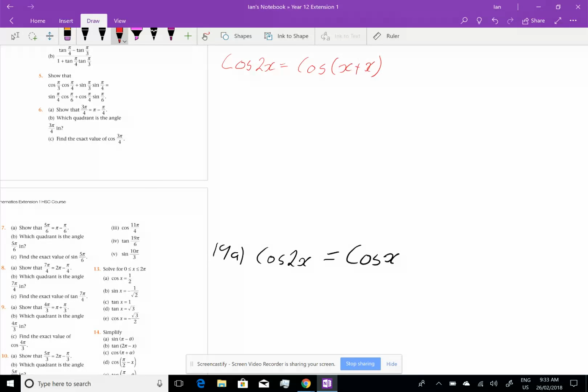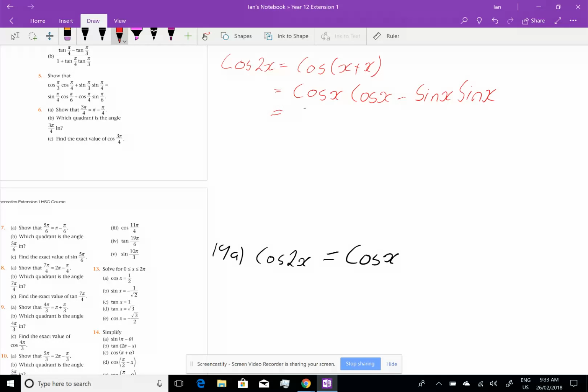You have this formula on your formula sheet on the back page: cos x cos x minus sine x sine x. That's this expansion, cos theta cos phi minus sine theta sine phi.